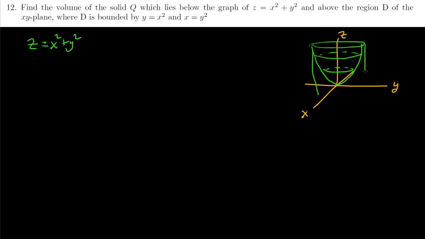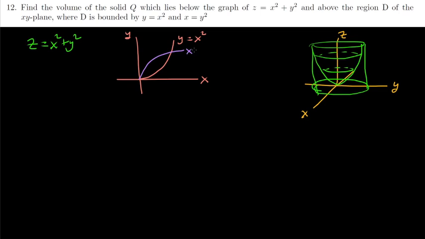So below that, underneath that, and above the region D, which is bounded by y equals x squared and x equals y squared. That might look better in the xy plane. So this is y equals x squared, and then this is x equals y squared. So we're talking about this region in here.